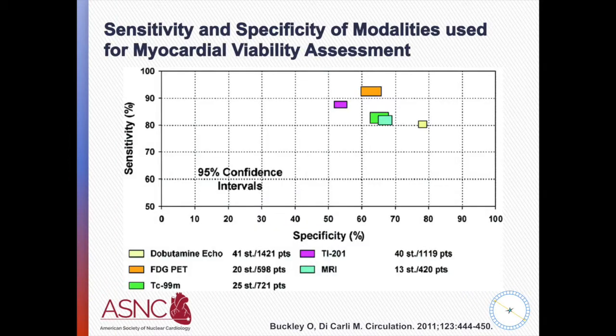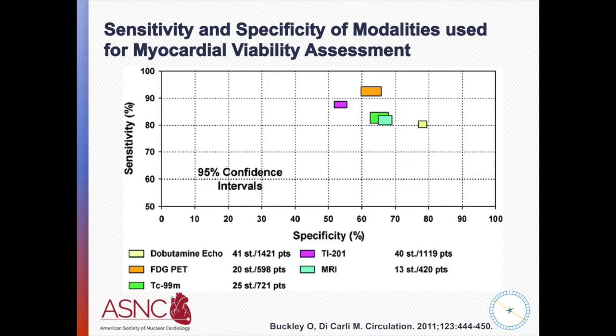Good, good. This slide shows the sensitivity and specificity of different imaging modalities used for myocardial viability assessment, and you'll see that the highest little box on the screen is for FDG PET. This is the test that really has the highest sensitivity for detecting myocardial viability, and it's really the only imaging modality available that directly is able to detect hibernating myocardium, and that's why we find it very useful for its high sensitivity.